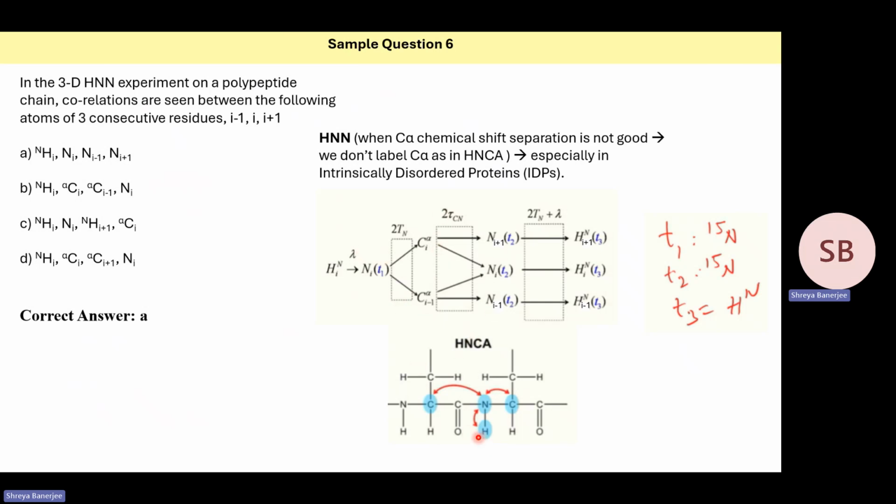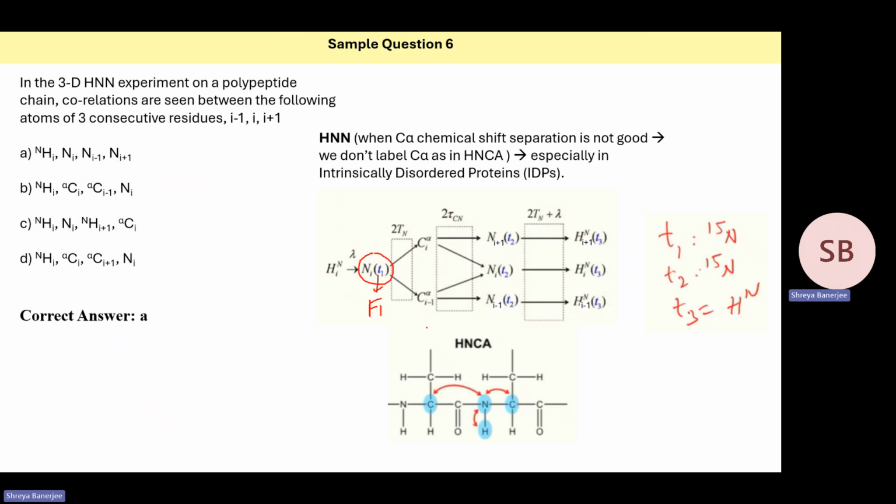So you start from the amide hydrogen of the i residue, or HNi. It is transferred to the amide nitrogen of i, and this is where you record the T1. So your T1 or F1 is your amide nitrogen of i. Then from here, it is transferred to the C alpha i and i minus 1.